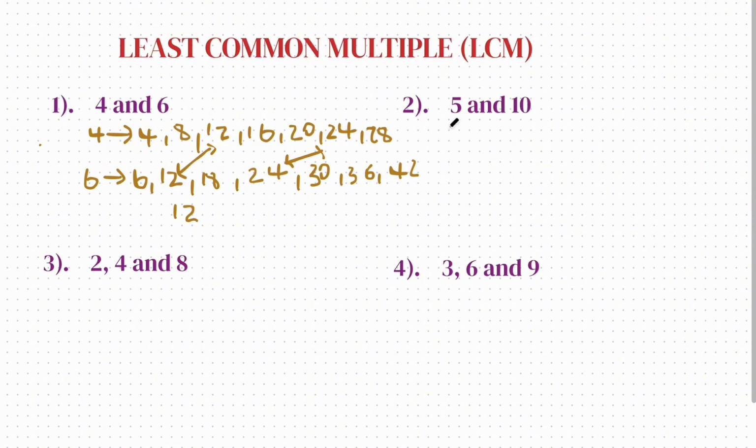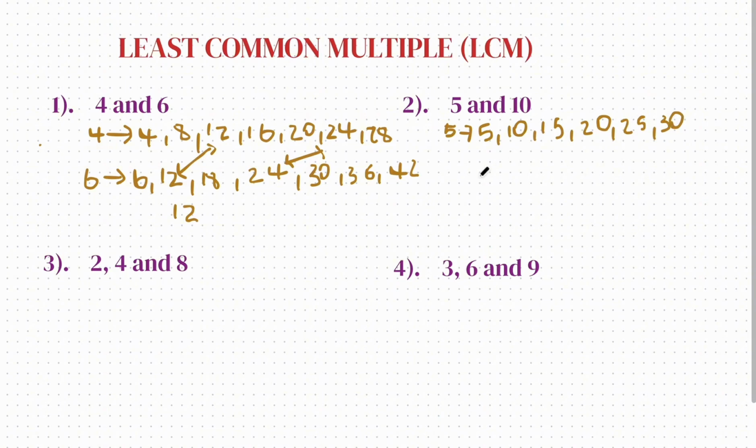So the multiples of 5 would be 5, 10, 15, 20, 25, 30, and we're going to stop right there.